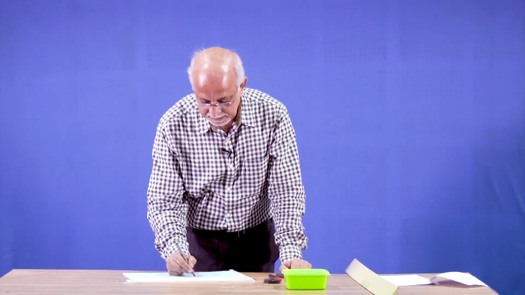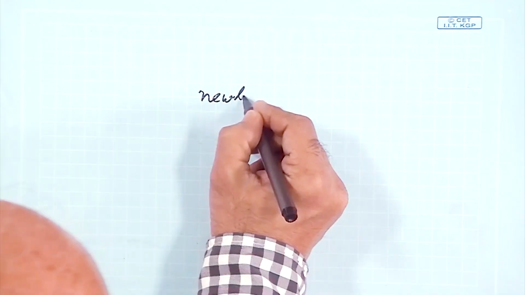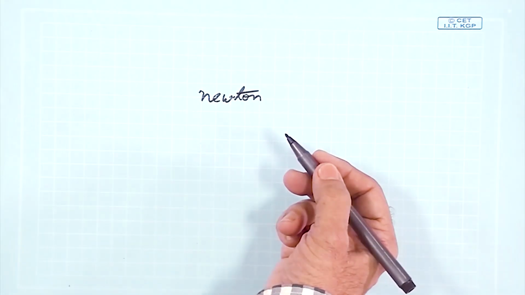I hope you will appreciate that in the SI system of units, the unit of force has been derived from the name of Newton. In fact, the unit of force is called newton, and when we write it, we write it with a small n, and this refers to the unit of force.